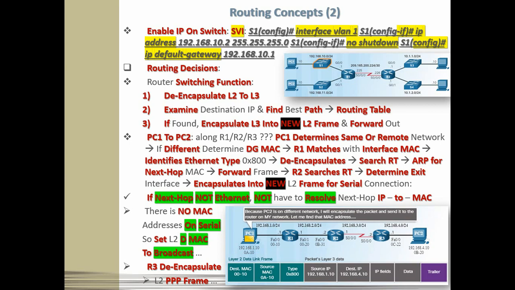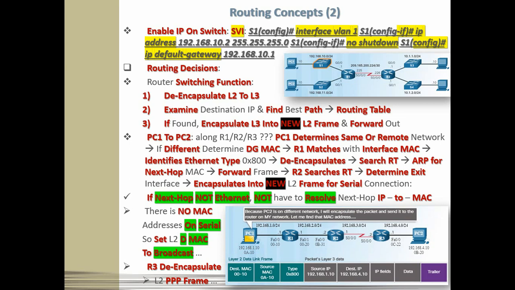Because the exit interface is on the Ethernet network, that is a broadcast medium type, R1 must resolve the next hop IPv4 address with the destination MAC address as before, using address resolution protocol or ARP, assuming it is not inside its ARP cache memory.